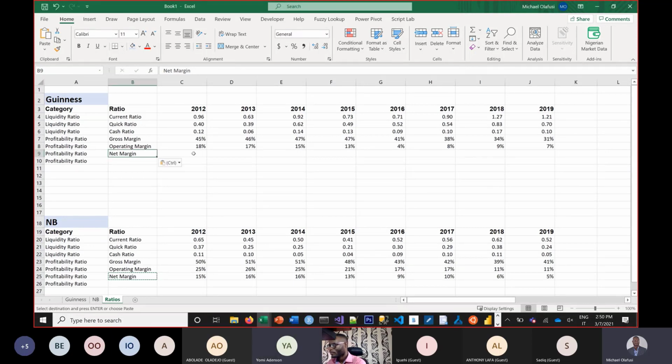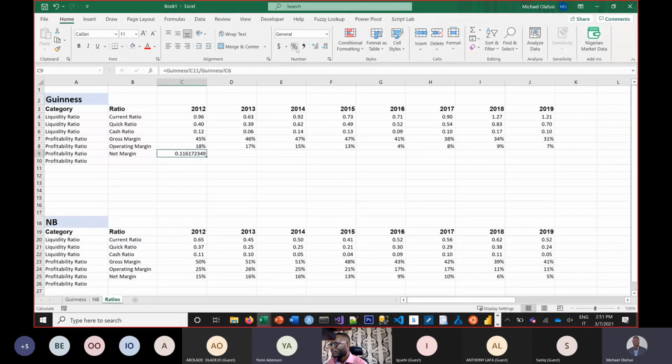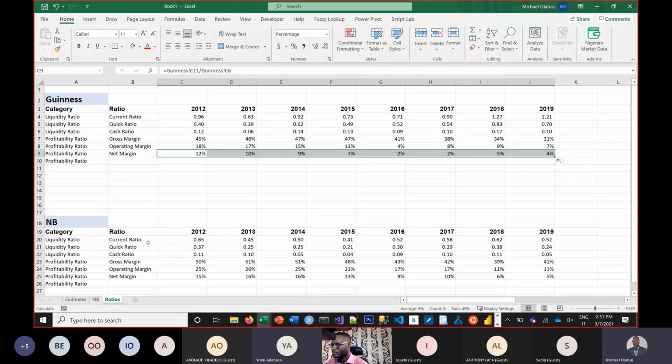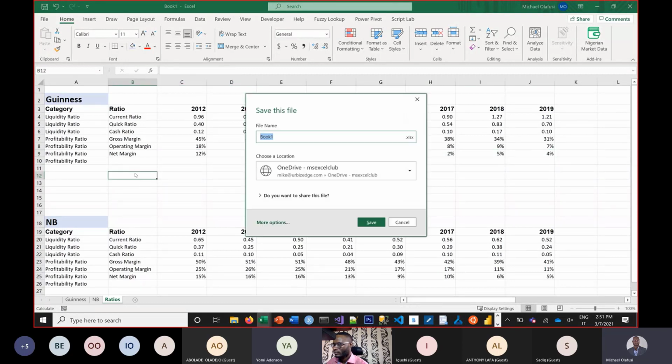All right. So I just want to chip in one or two things. For the DSO, days payable outstanding, days sales outstanding, and days inventory outstanding that we just calculated, for people that are currently going through interviews, companies usually use that to confuse candidates.